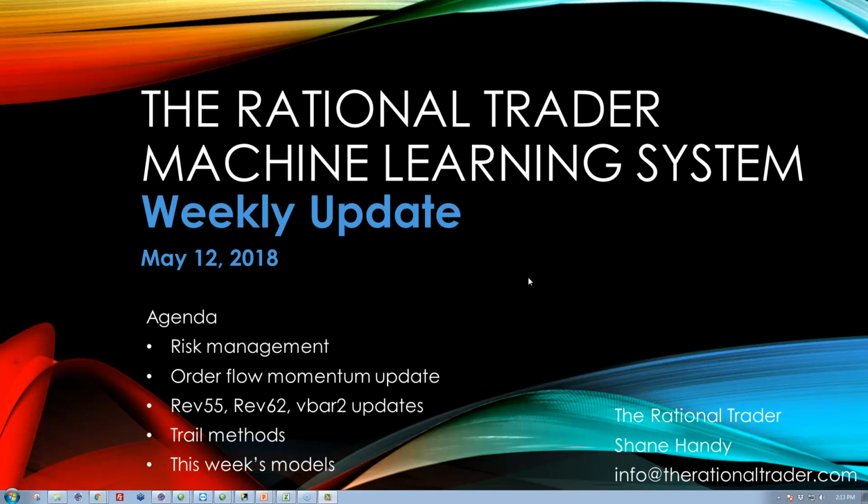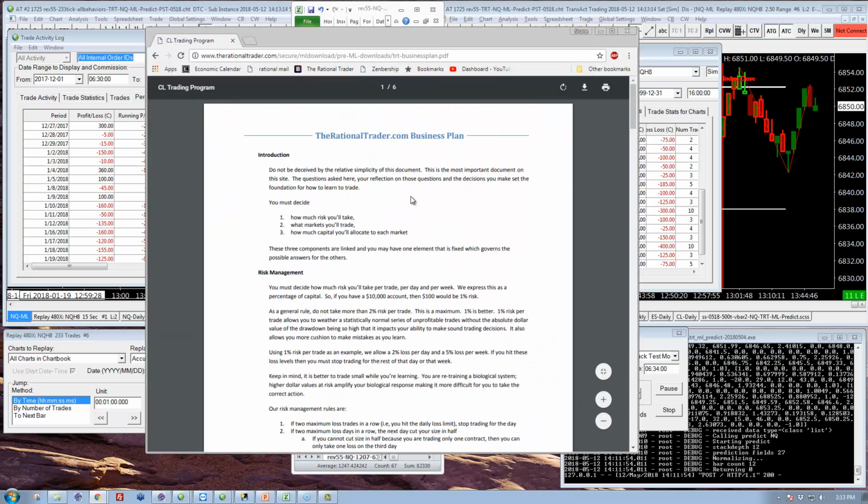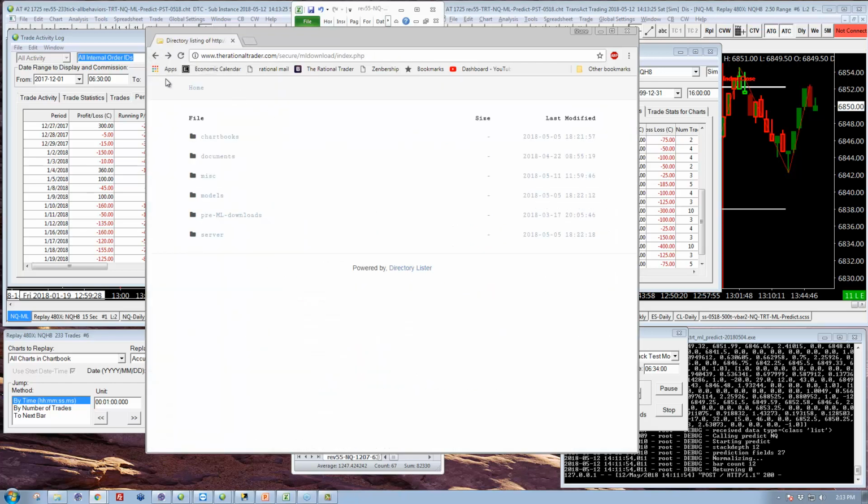So for risk management, let's start here. Where did that go? So in the download section, is actually the old download section, is a business plan here. Let me go back one. So if you go to the normal download section, there's this pre-ML downloads.